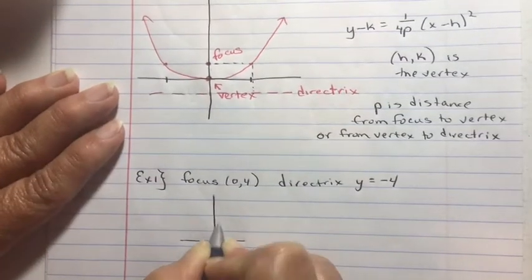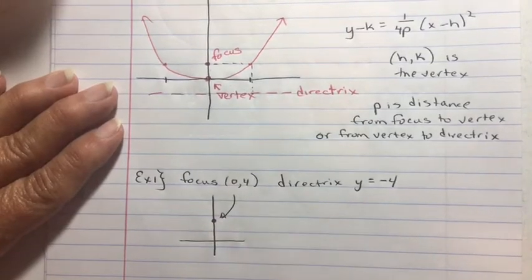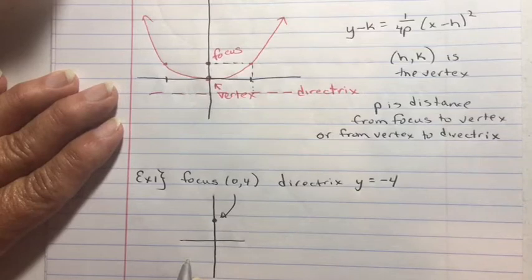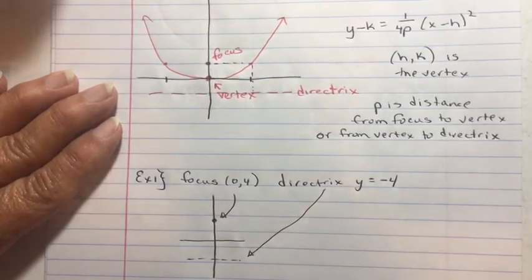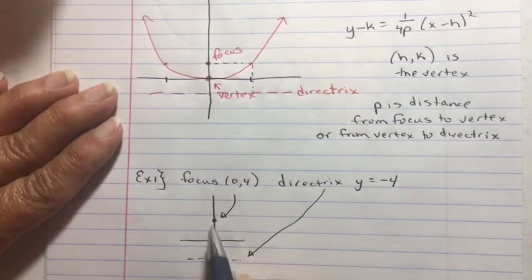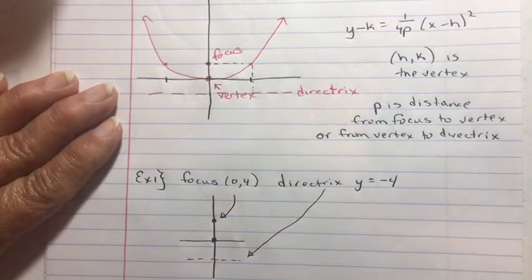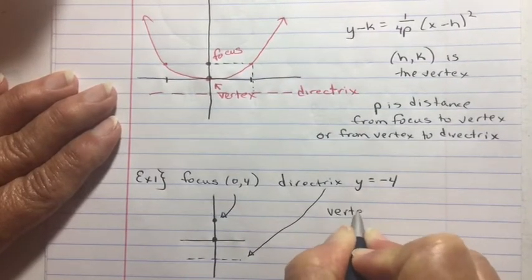If the focus is (0, 4), it's going to be right here somewhere. And if the directrix is y equals negative 4, it would be down here. Now, these are both the same distance away from the vertex. And since this is 4 up and this is 4 down, right here is the vertex, which happens to be at the origin.